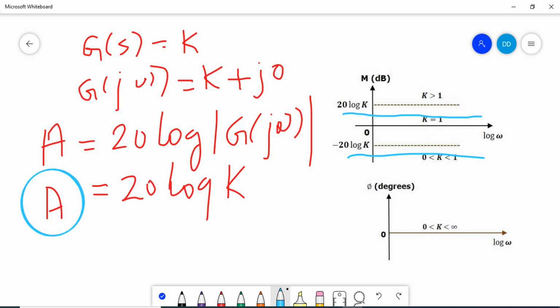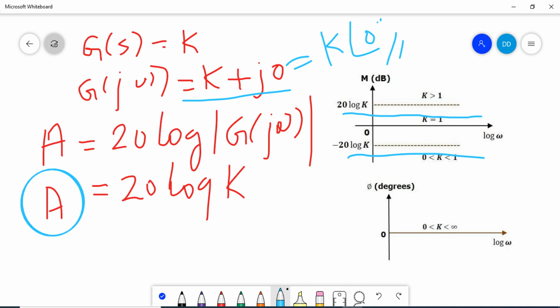Now what about the phase plot? If we look here, we have k plus j0, which can be written as k at an angle of 0 degree. That means to say the phase angle of g of j omega is 0 degree irrespective of the value of omega.